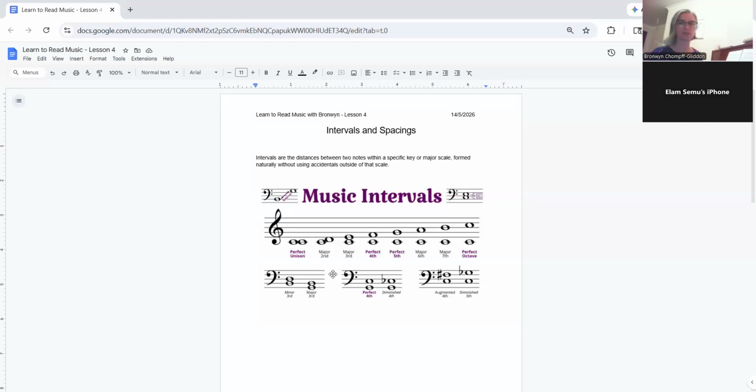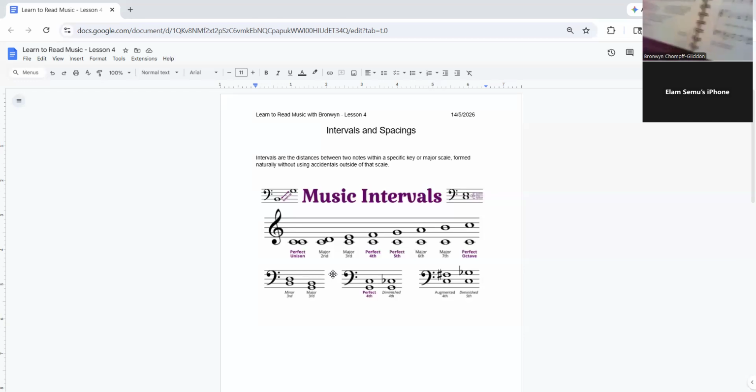And so it literally follows this pattern: that's the tonic, or a perfect unison if you have 2 notes that are the same. So then we've got the second, third, fourth, fifth, sixth, seventh, and eighth being the octave.